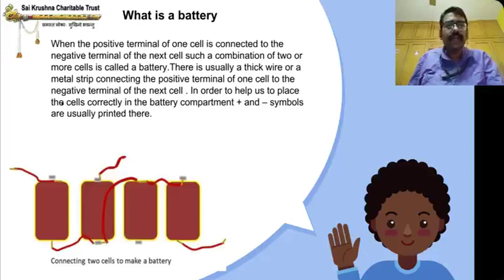There is usually a thick wire or a metal strip connecting the positive terminal of one cell to the negative terminal of the next cell. In order to help us place the cells correctly in the battery compartment, plus and minus symbols are usually printed there.